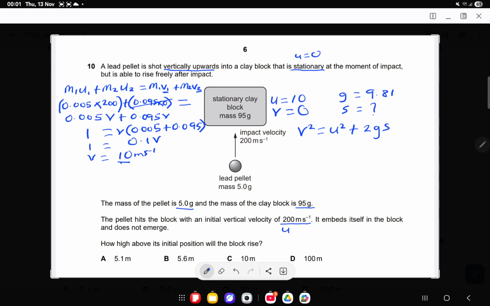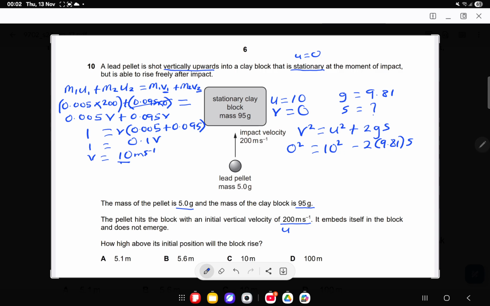So let's substitute our values. As I mentioned, at the maximum height that it can rise, the final velocity will be 0. So here is 0 squared equal to, and as the pellet hits this clay dough, that is when it started moving. So that speed that we are getting here will be the initial velocity of the clay block as it moves up. So our u becomes 10 squared. So remember, it is rising up, so our g becomes minus, so I have here minus 2 into bracket 9.81 times my distance s, which is what I'm looking for.